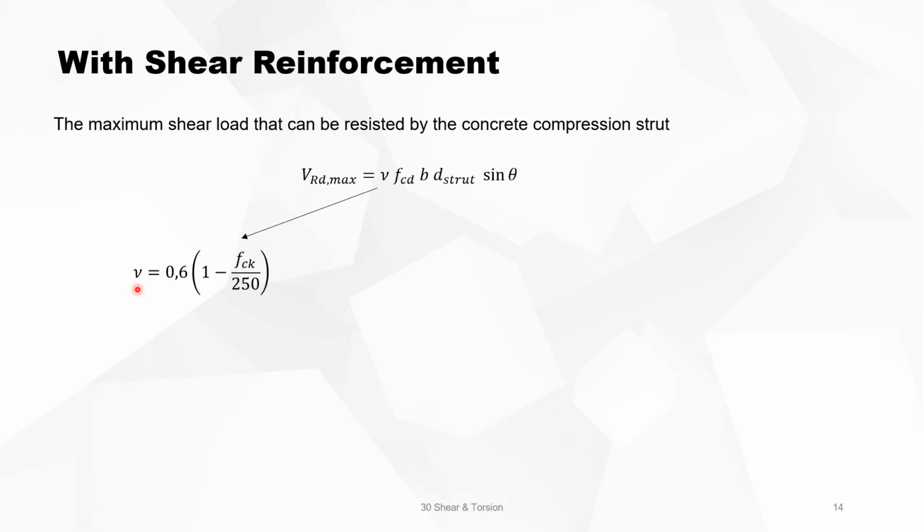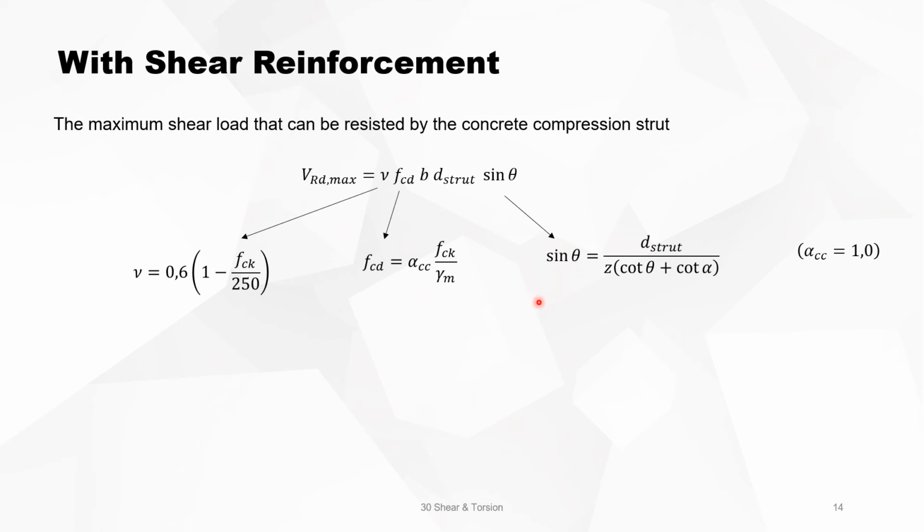The nu is 0.6 times 1 minus fck divided by 250. fcd is alpha cc fck divided by gamma m, but alpha cc is in this case 1, because it's not bending and/or normal force. It's 1 here for shear force, and for punching alpha cc is according to the Belgian annex 1.